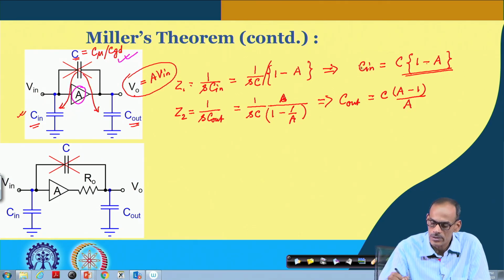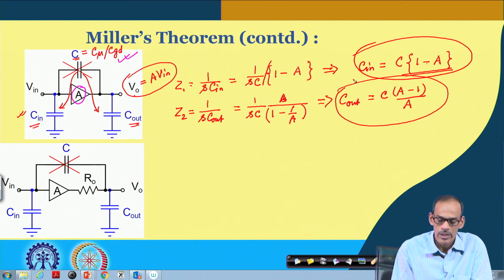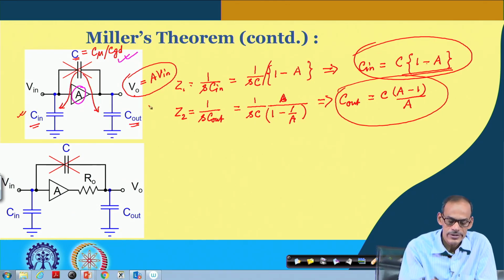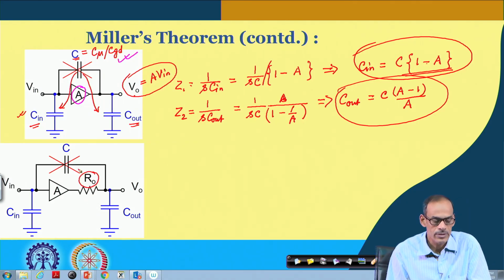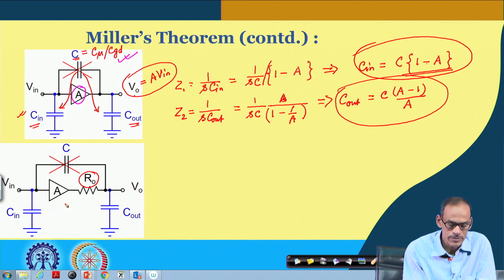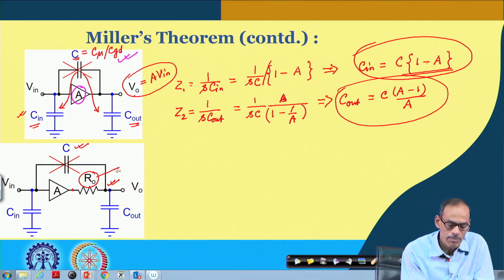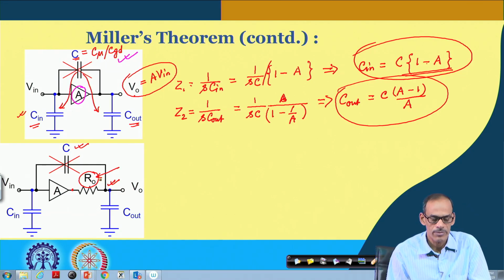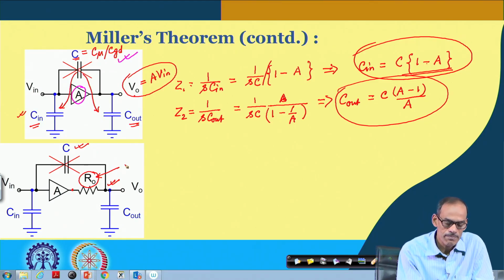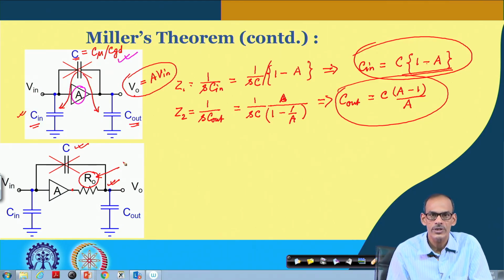These two equations will be used for our analysis, and this is valid even if you consider the finite output resistance. In this case, the bridging element is not connected here, instead it is connected after the resistance, because this may be part of the model of the amplifier. So, we can say this is the Thevenin equivalent resistance of the amplifier output port, right.